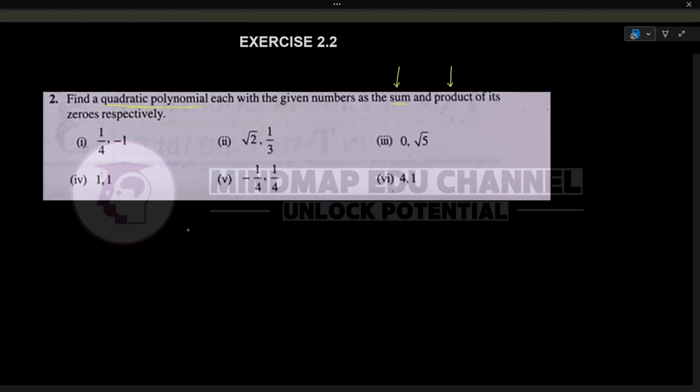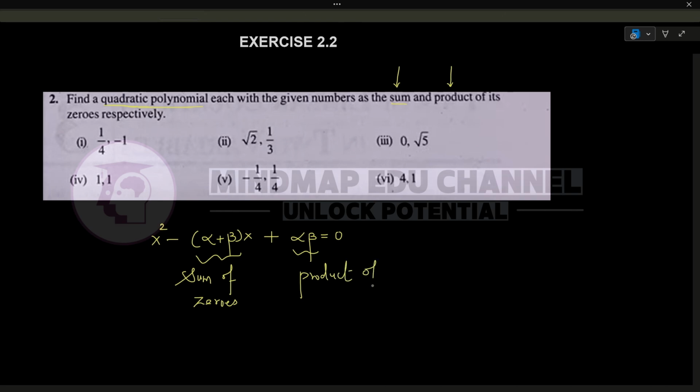We know that there's a format for it, that is x square minus (alpha plus beta) x plus alpha into beta equals 0, where alpha and beta are the zeros of the polynomial, and this alpha plus beta is the sum of the zeros and alpha into beta is the product of the zeros.